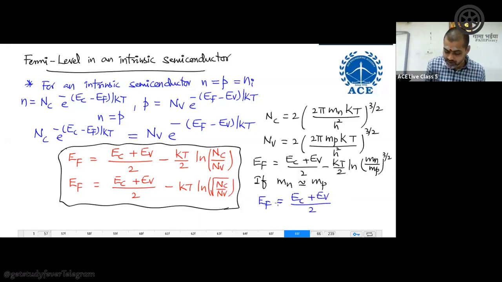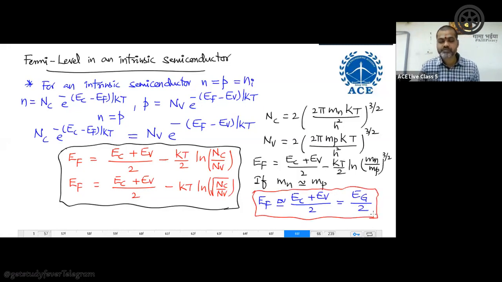I can say approximately, not exactly equal. So it's nothing but Eg by 2. Yes or no? (Ec plus Ev) by 2 is nothing but half of the energy gap. I cannot say exactly at the middle of the energy gap, only approximately, because we have taken mn approximately equal to mp.